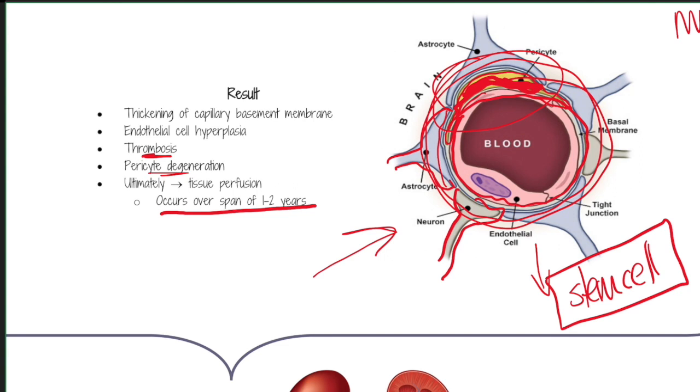MSCs are known to play a very key role in wound healing. And so we have here these things. They're fairly mysterious, to be honest, but they're degenerating, right? It's part of the microvascular damage that's being done to these pericytes. So they think that has some kind of link to the delayed wound healing and stuff like that.